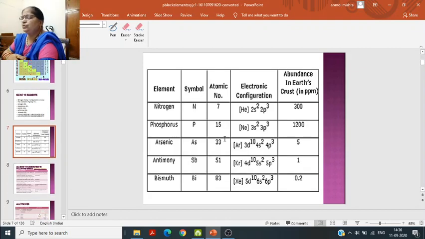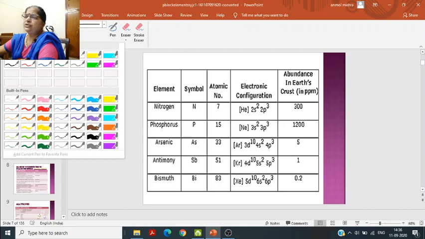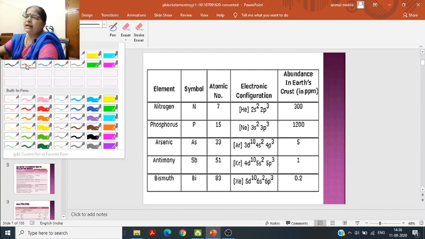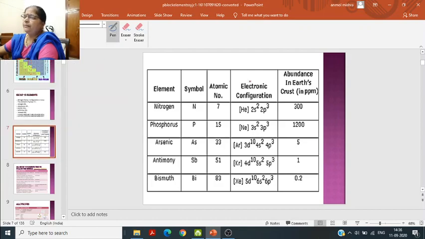Now comes the electronic configuration of the elements of this group. The general electronic configuration of this group is ns2np3.